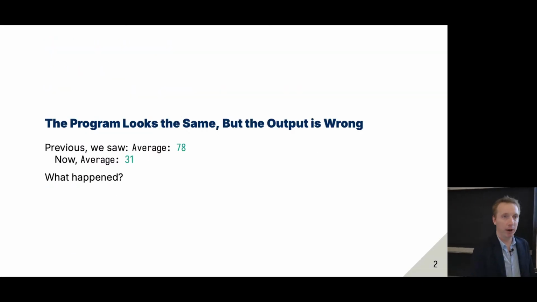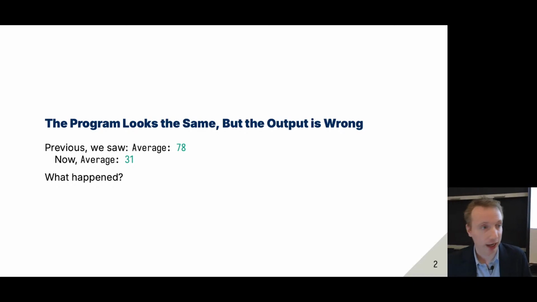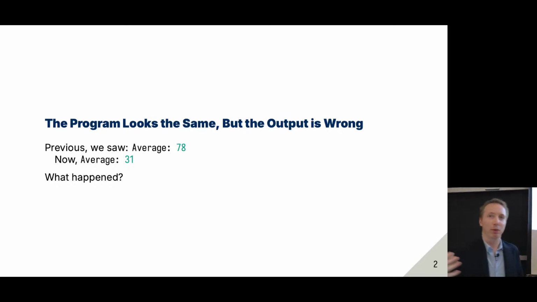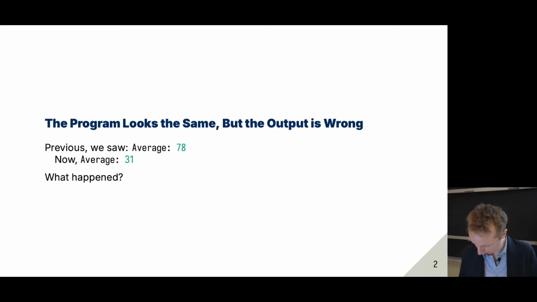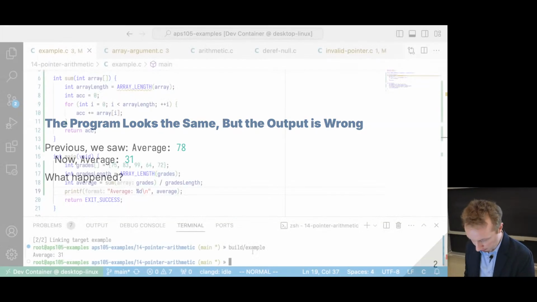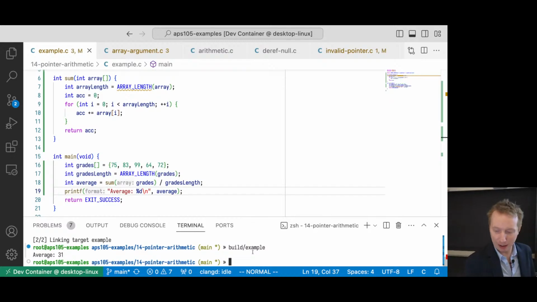So, the program looks the same, but the output is wrong. 78 suddenly turned into 31. What the heck happened? We might get a few clues just because of 31. If we look at the code, how is it possible to get 31 out of that?